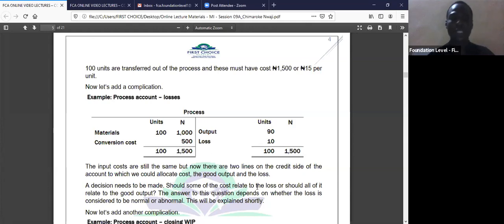That's fine. Now, we said that because you are heating it, there is going to be some loss. And that loss, you ask yourself, am I going to apportion cost to the loss, or am I going to apportion it only to the output? So you have to ask yourself, in what proportion am I going to share this cost, this 1,005, between the loss and the output? And why are you getting loss?